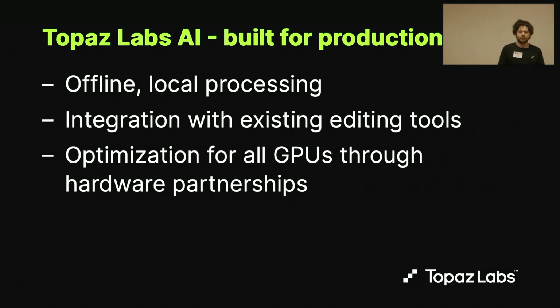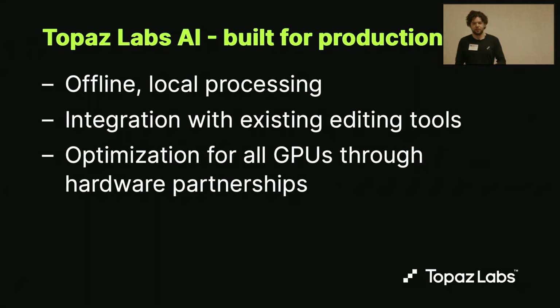If you're using other tools, or if you're just working on a video for delivery somewhere, we are also, of course, a standalone application. And the last point here is optimization for all GPUs through hardware partnerships. Video AI is one of the last applications that still sees massive year-over-year gains in performance. Graphics card technology is moving as fast as ever.